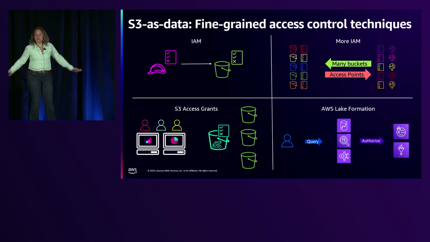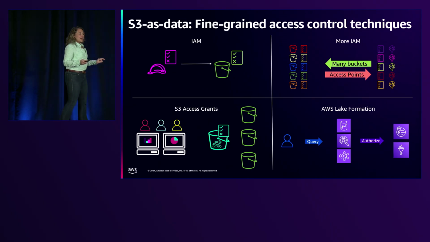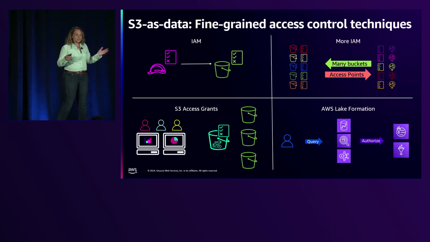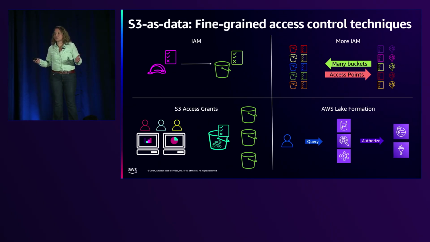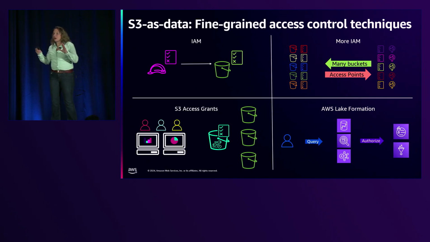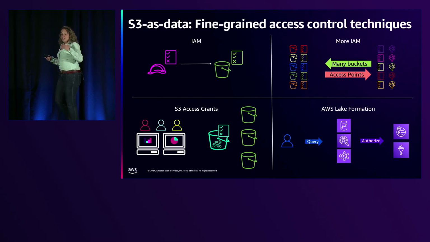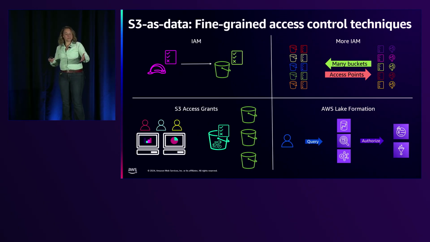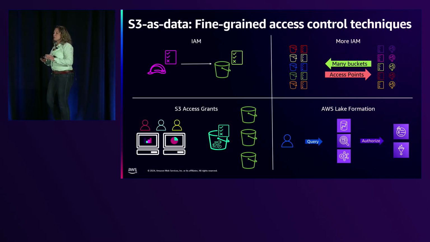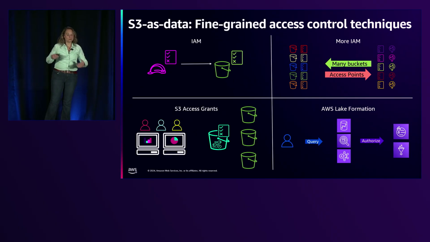Wow. Okay, so that's 4 different ways, and I hope one of these was news to you. And really, a lot of this depends on what your scale numbers are and what the shape of your access is. If you have these static, role-based approaches, we have IAM approaches for small to moderate scale, and then we have more IAM approaches when IAM is the right fit, you just need more of it, more buckets, more access points.